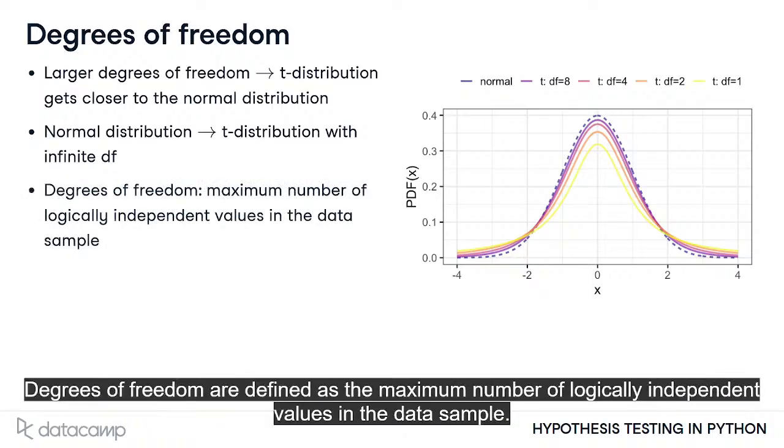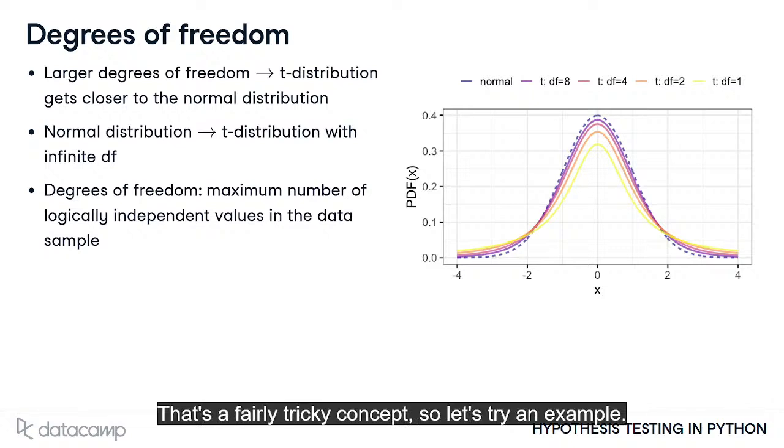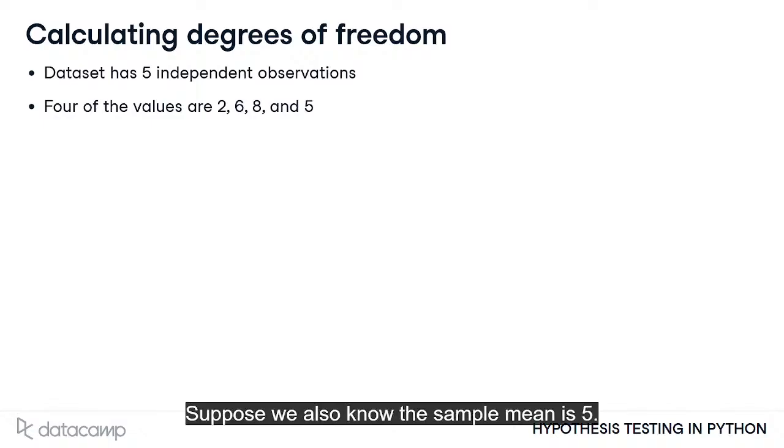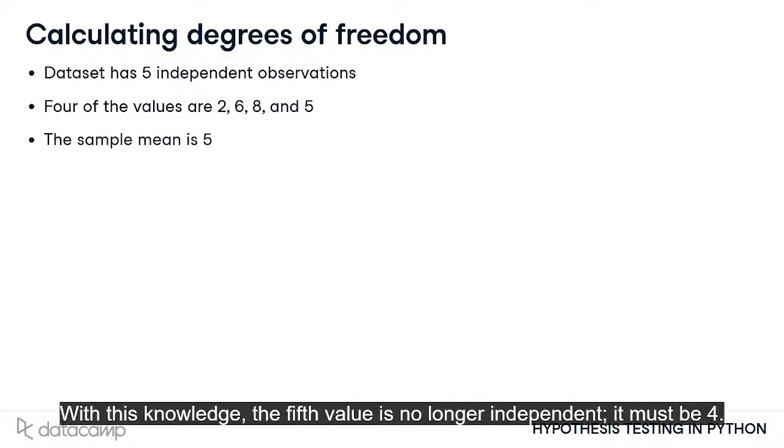Degrees of freedom are defined as the maximum number of logically independent values in the data sample. That's a fairly tricky concept, so let's try an example. Suppose our dataset has 5 independent observations, and that 4 of the values are 2, 6, 8, and 5. Suppose we also know the sample mean is 5. With this knowledge, the 5th value is no longer independent.